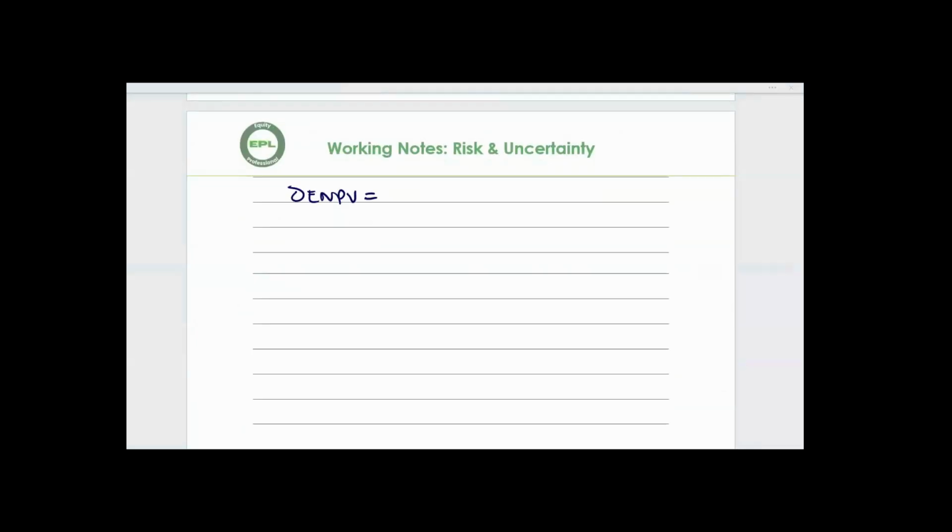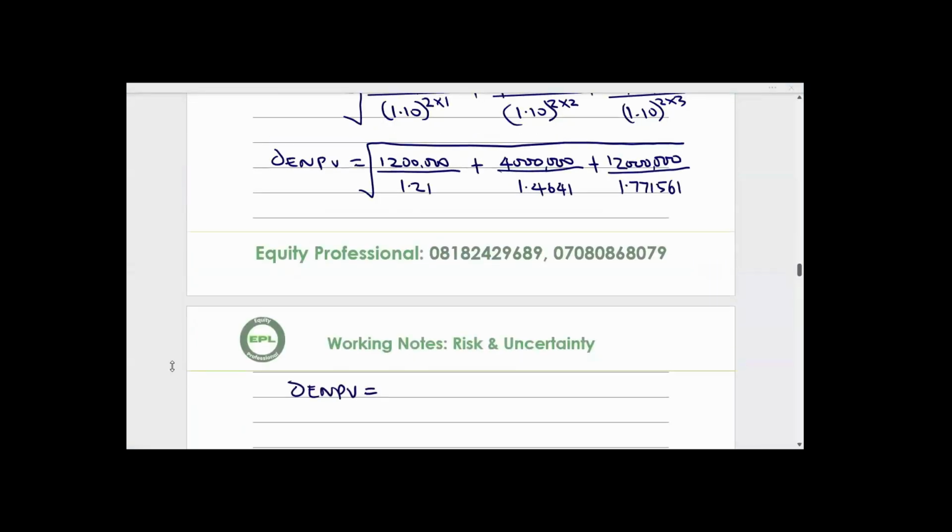Open a bracket, the first cash flow, 1,200,000 divided by 1.21, close the brackets, plus open another bracket, 4 million divided by 1.4641, close the brackets, plus open another bracket, 12 million divided by 1.771561, close the brackets, press equal to.